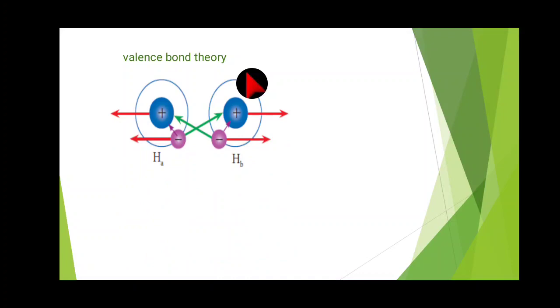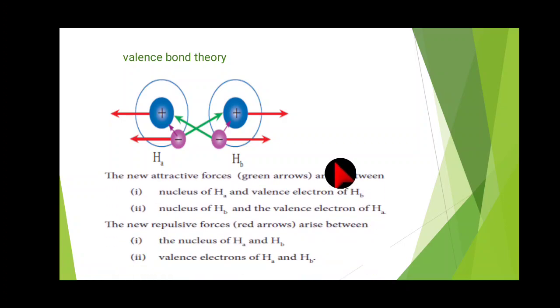As these two atoms approach each other, in addition to the electrostatic attractive forces between the nucleus and its own electron, shown by the purple arrow, new attractive forces, the green arrows, arise between the nucleus of Ha and the valence electron of Hb.